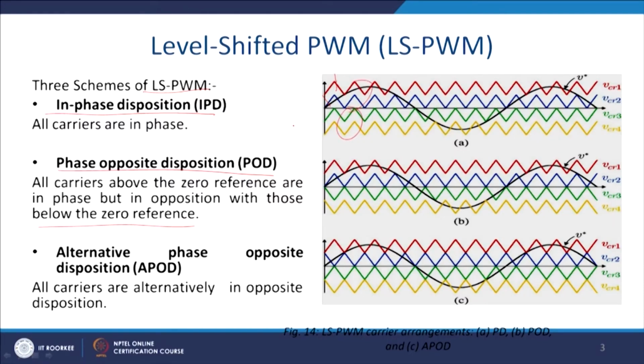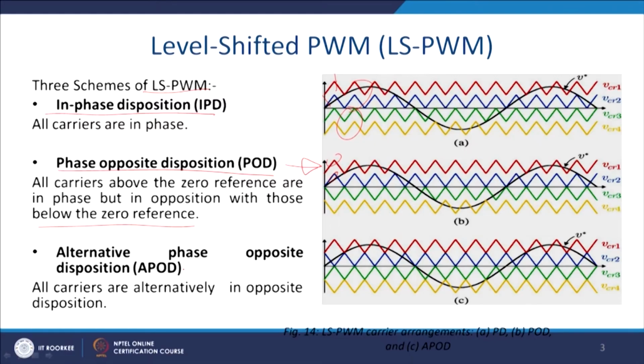And another is, that is what I was talking about earlier, the alternative phase opposition disposition. So, this one, where the red and blue are in the same phase, and the green and yellow are 180 degrees phase shifted.